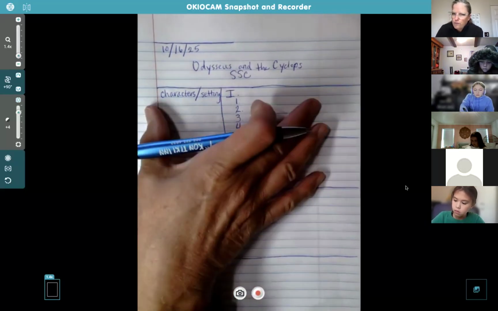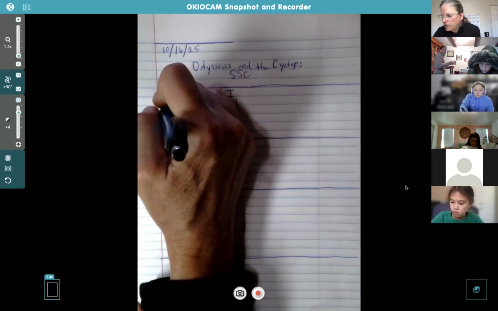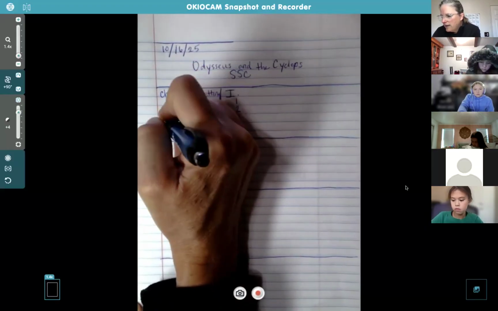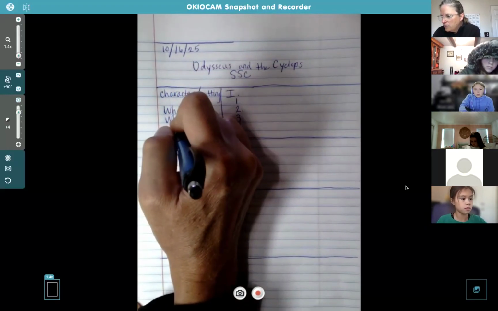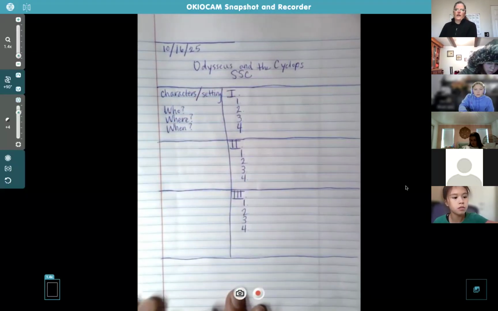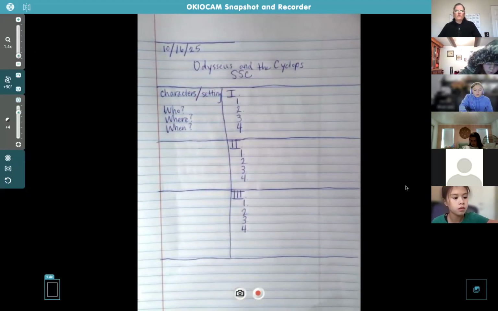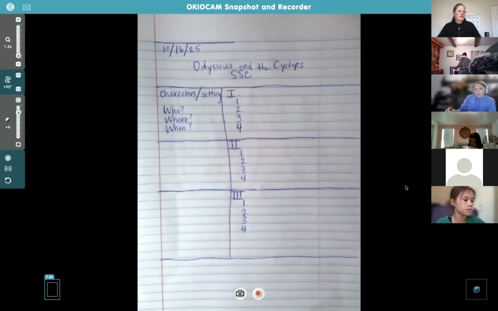In this first paragraph, we are answering the questions who and where and when. Sometimes we answer when. So those are the main things we're asking and answering in the first paragraph. This is setting up the story. You have to tell who's in the story and where they are and when it is and how it looks. This is how we tell a story.